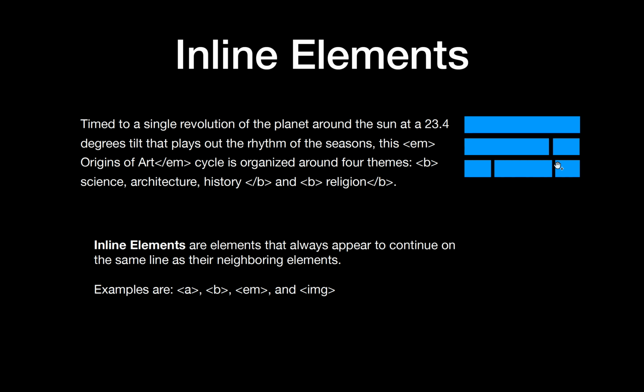And then our bold elements could be here. So inline always appear to be on the same line as your neighboring elements. Block level appear on a line by themselves. Inline appear to continue on the same line. So it's about getting used to that structure and the formatting of the HTML.